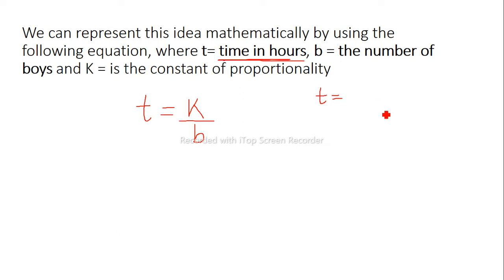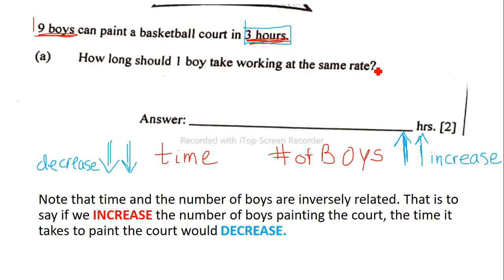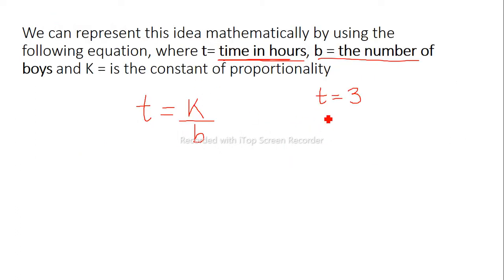Good. So that means T is going to be equal to 3, and the number of boys is 9, right? So the number of boys is 9.